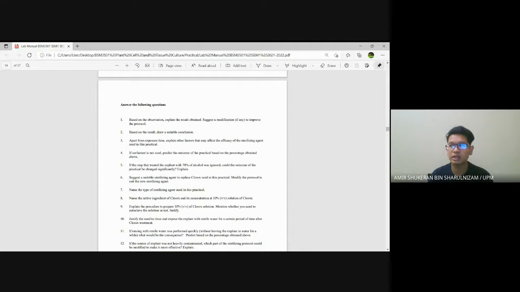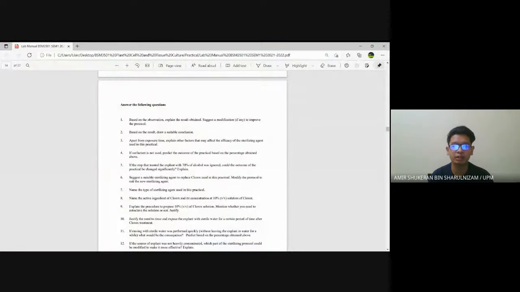Another factor is the presence of organic material on the leaf surface, as the leaf was not rinsed properly during the experiment. This can disrupt the efficiency, as the organic materials might come in contact and produce byproducts that reduce the efficiency of the sterilizing agents.